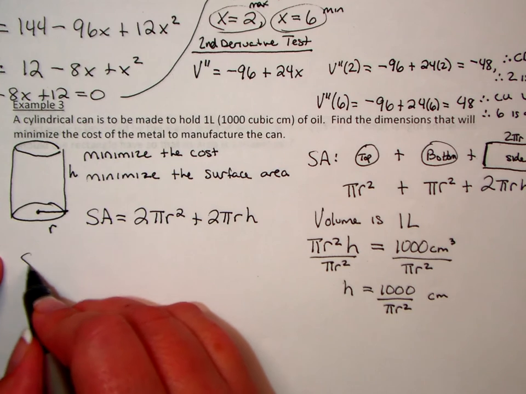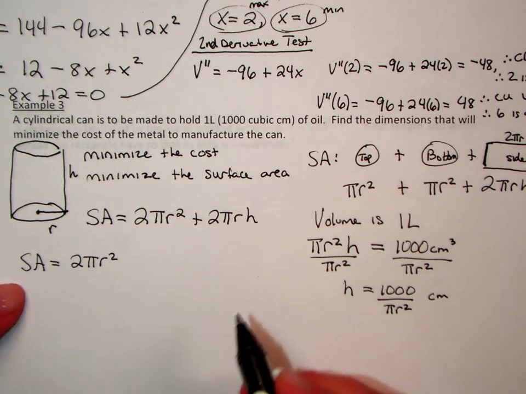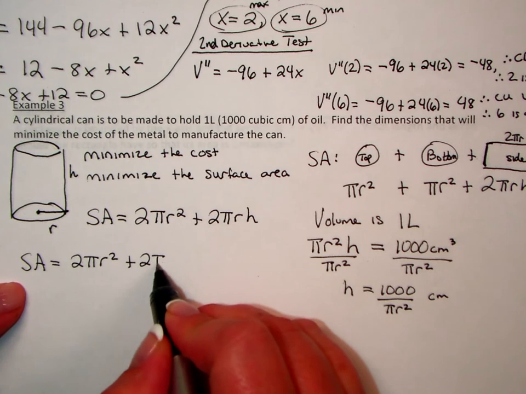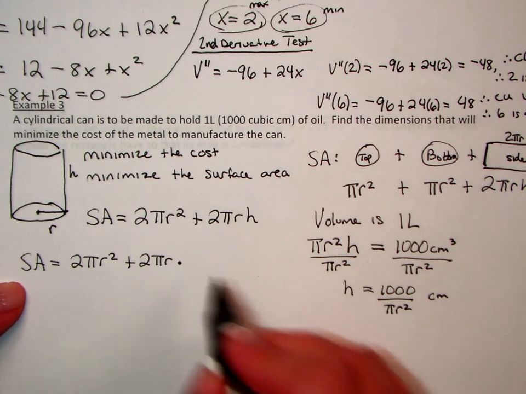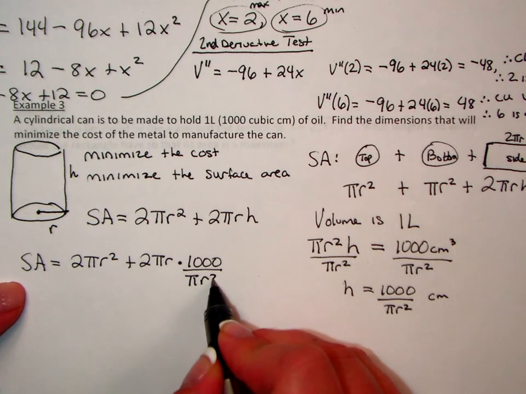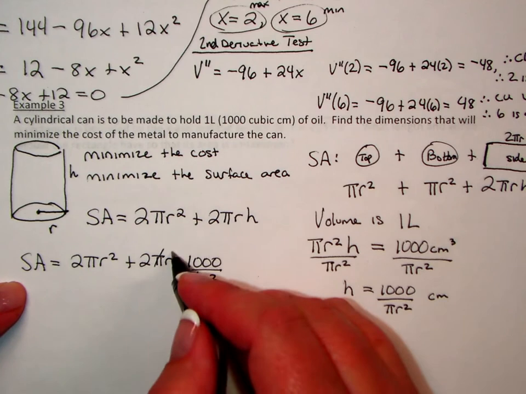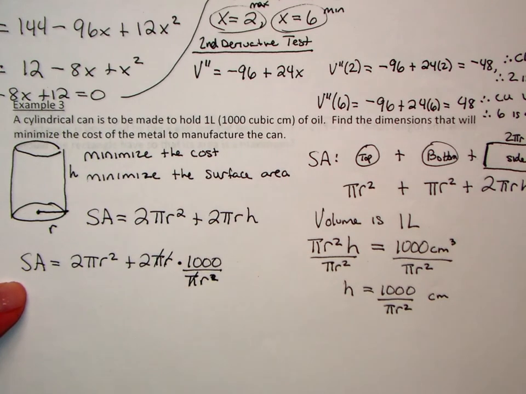So now the surface area is 2 pi r squared plus 2 pi r times 1,000 over pi r squared. The pi's will cancel, the r will cancel, and I'm left with 2,000 over r.